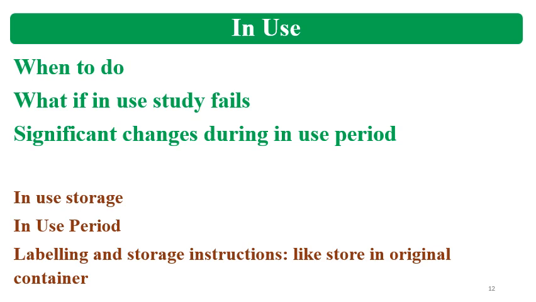The in-use storage conditions should be mentioned on the label. The in-use period should be mentioned on the label. Labeling and storage instructions like store in the original container, protect from moisture, store the open bottle, or store after reconstitution should be indicated.